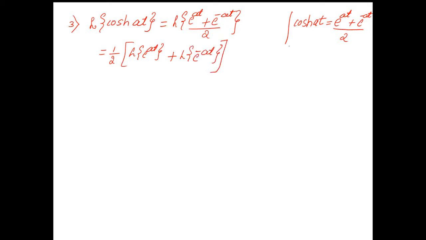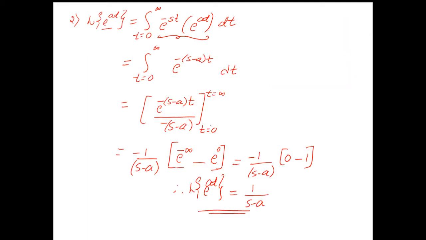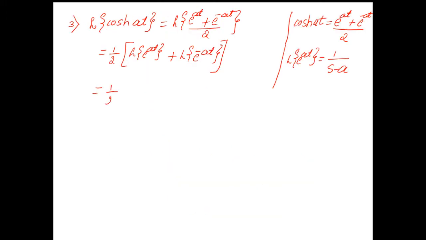From the second formula, we know that the Laplace transform of e power at is 1 divided by s minus a. We substitute here, that is 1 divided by 2 times, Laplace transform of e power at is 1 divided by s minus a, plus the Laplace transform of e power minus at, where a is equal to minus a here.